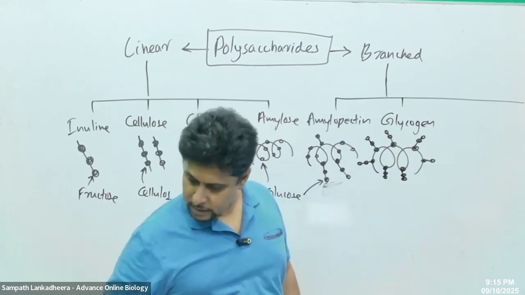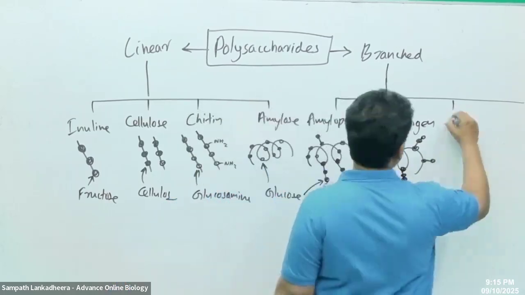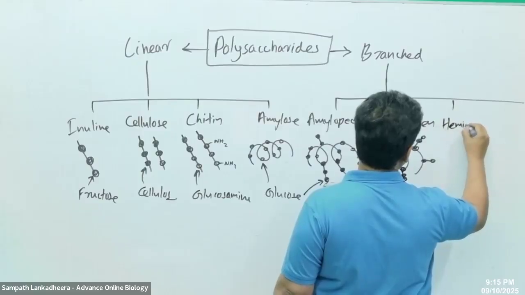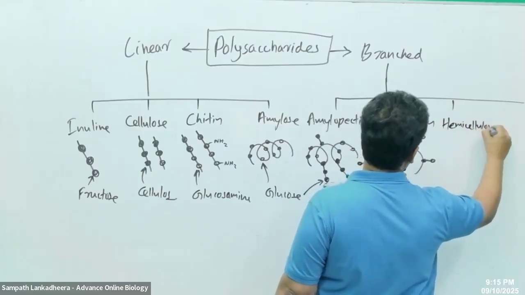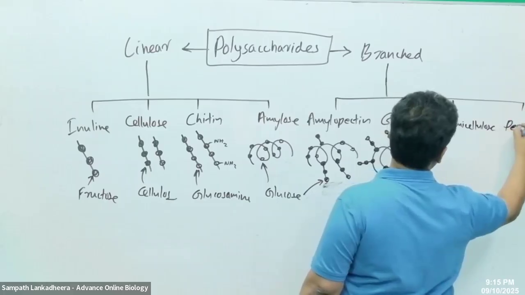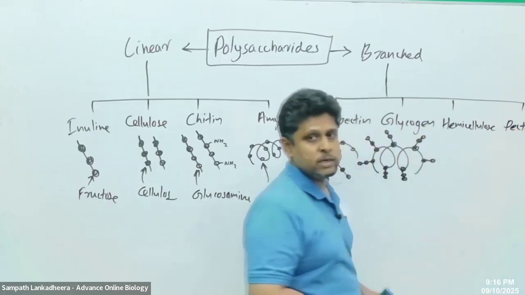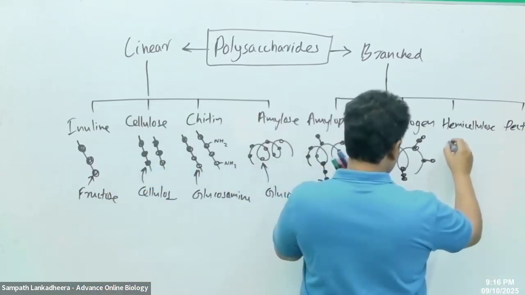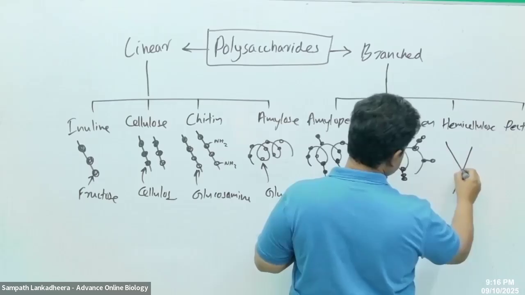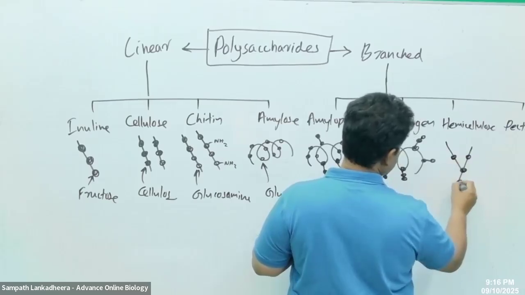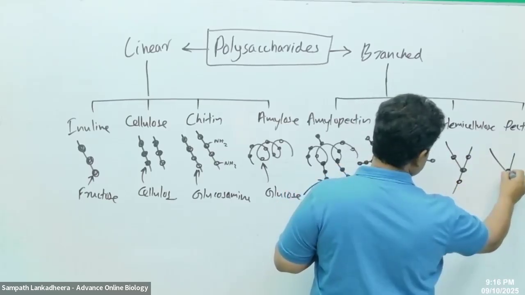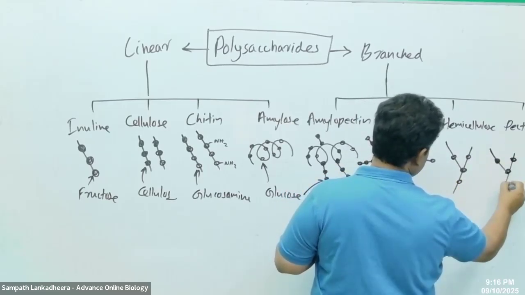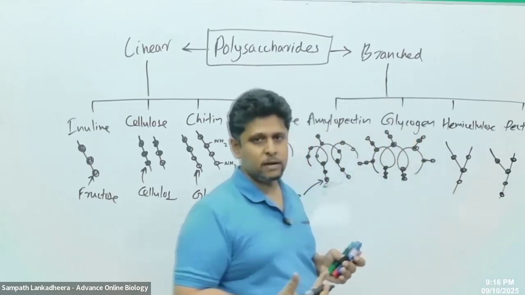And then we said hemicellulose and pectin. Hemicellulose is branched. We drew it like this. Pectin is also branched. Now, the construction material is different.